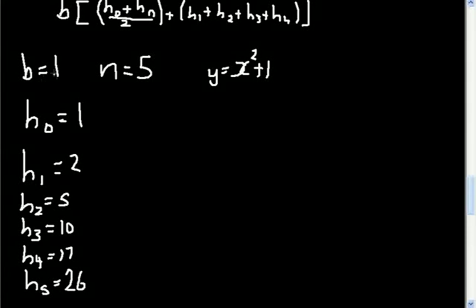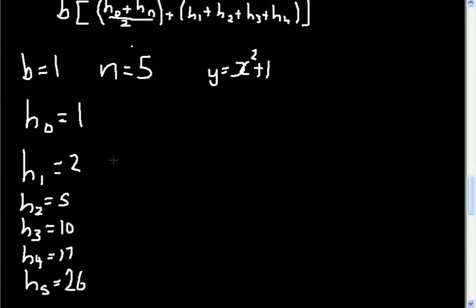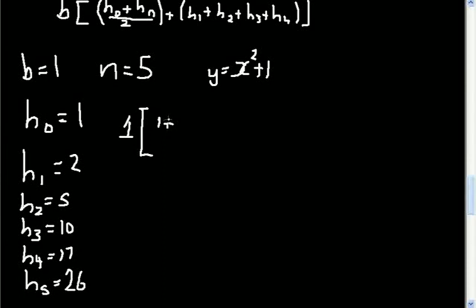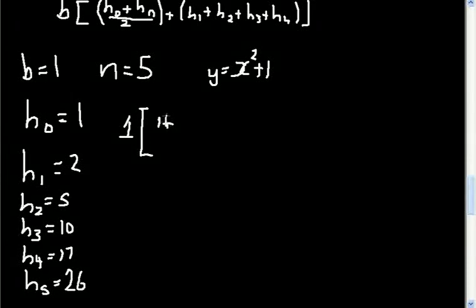Now all I've got to do is substitute these values into this formula. My b is 1, and then I open up the brackets. My first height h0 is 1. My last height hn, because n is equal to 5, is 26.